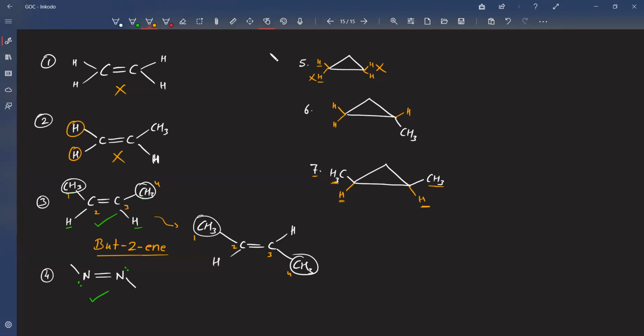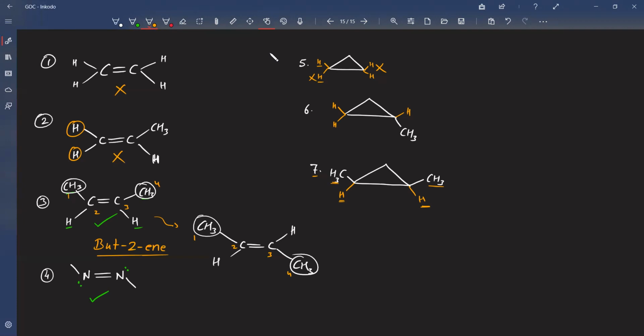So there are these differences in the structure, and that's why the name will be different in case of structural isomers. But in this case, only the orientation is different, the structure is same, and that's why the IUPAC name will be the same.